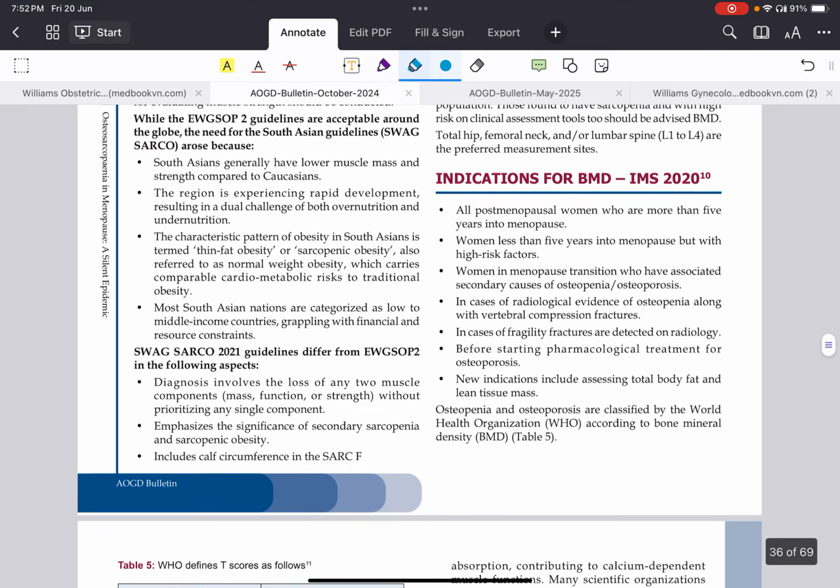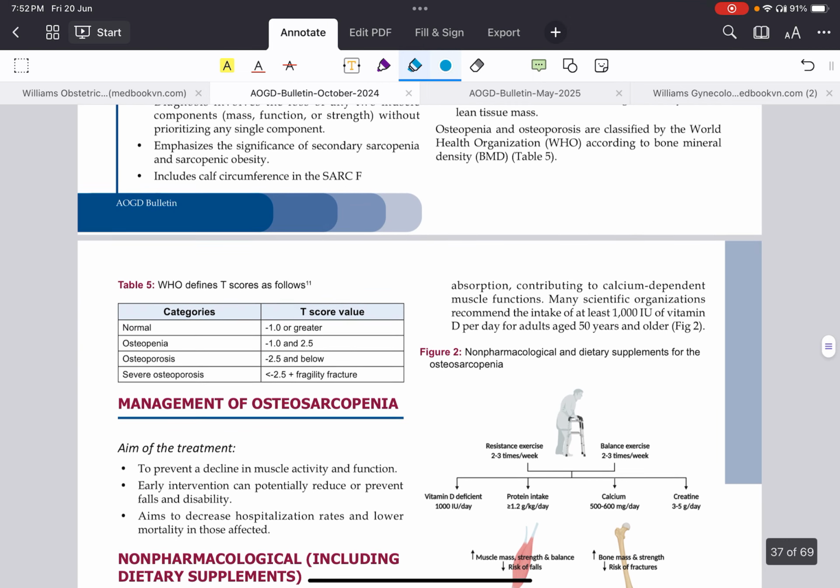Let's learn about it. If this question comes, just write about what is osteoporosis. Okay, T score you should write. Every time in our life they'll say don't be negative. But in osteoporosis, like T score classification, you should be negative.